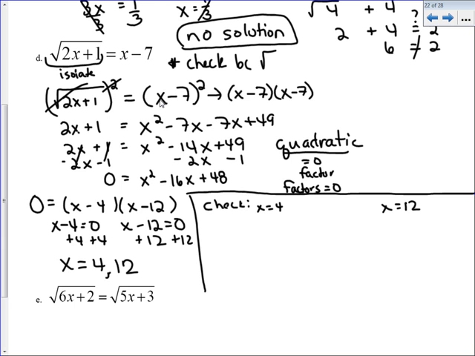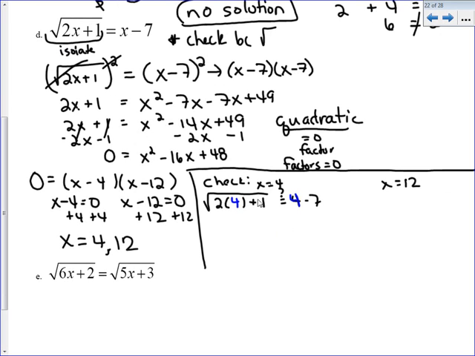So for x equals 4, let's go back to our original. In place of our x's, we can put our 4s. I want to know, does that equal 4 minus 7? So I had to substitute in two places, both with the 4. So I'm looking at the square root: 2 times 4 is 8 plus 1, so the square root of 9.